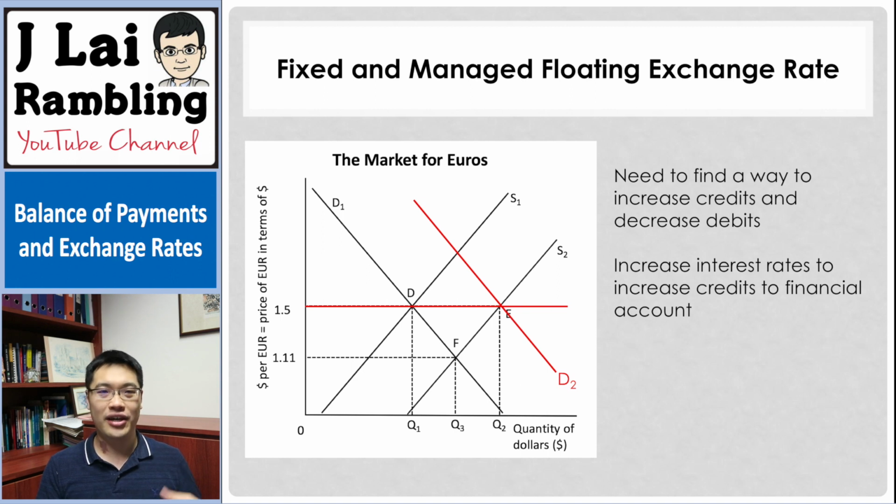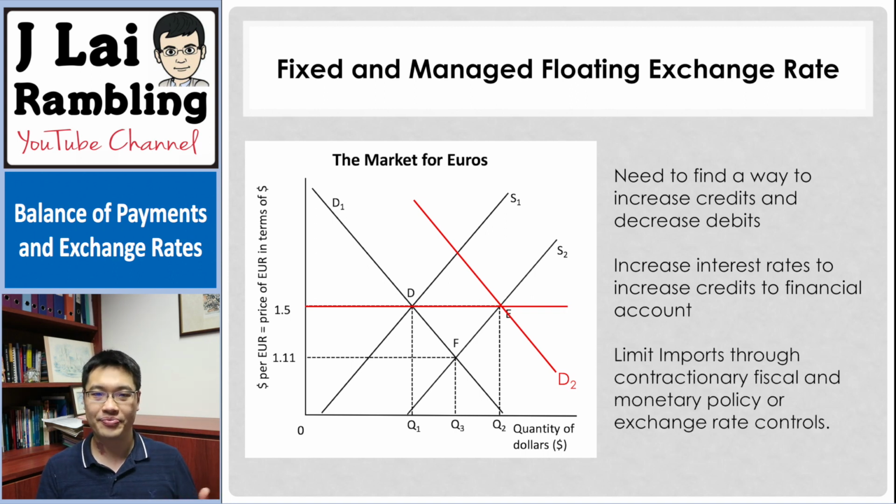As soon as you increase interest rates in the Eurozone countries, people want to put more money into your country, and therefore they will be demanding more euros, thereby pushing the demand up from D1 to D2. So in this case, we're relying on external agents to come and support your currency by giving them a more attractive return.